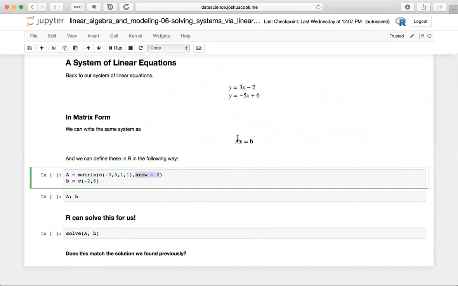We decided that we were going to call the vector x, that's going to be equal to the vector x, y. I believe in the last lesson we called it x1 and x2, but this is fine.